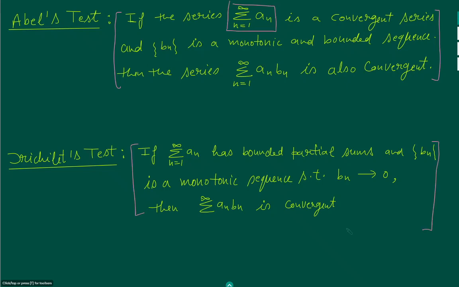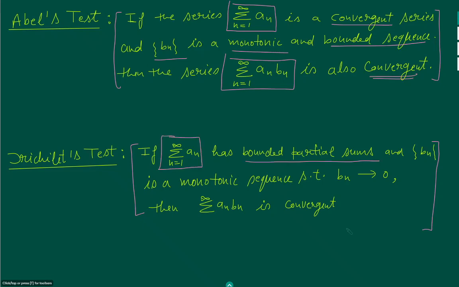So in Abel's test, the series an is a convergent series and the sequence bn is monotonic and bounded, then the series summation an bn is convergent. But in the Dirichlet test, we do not require the series to be convergent, we just require that the series has bounded partial sums. So the condition that the series an is convergent has been relaxed to say that the series an has bounded partial sums.